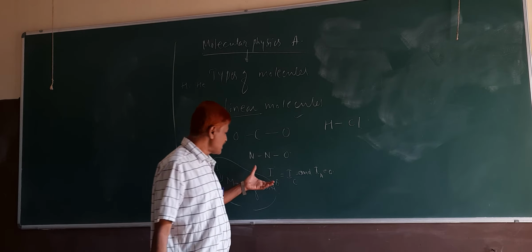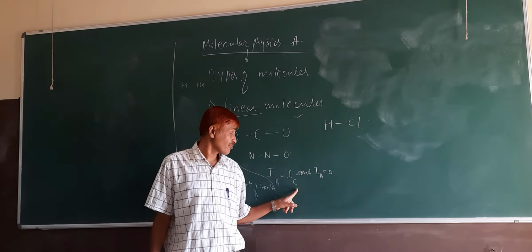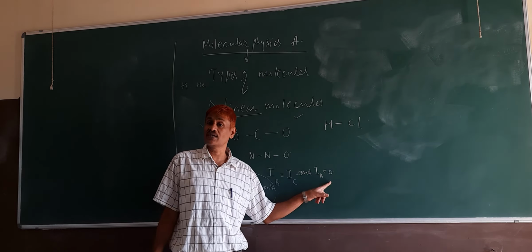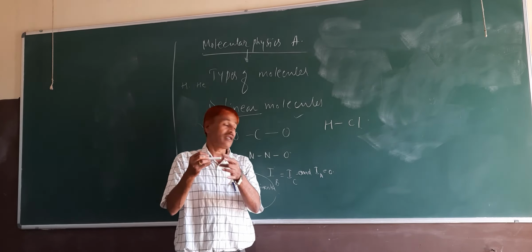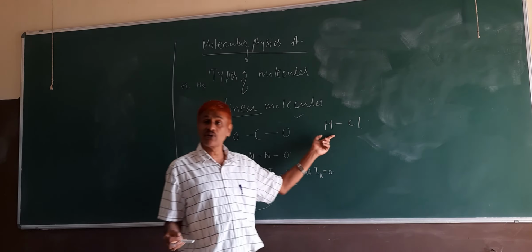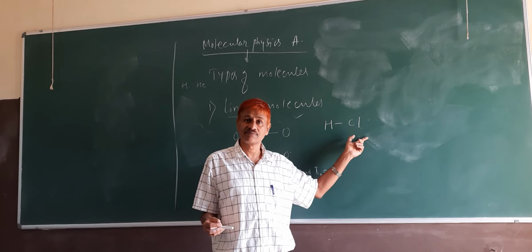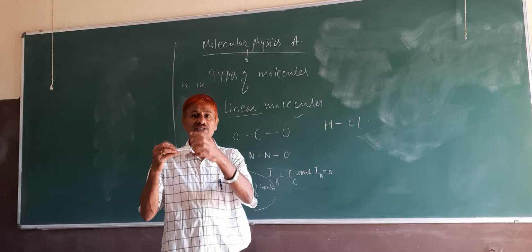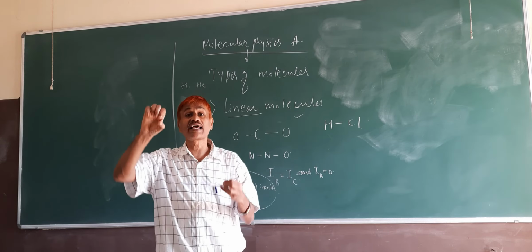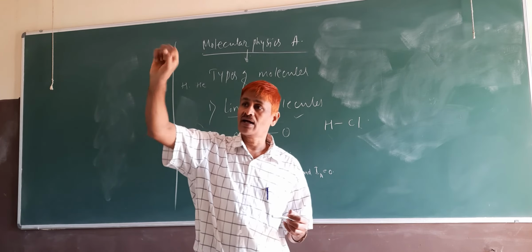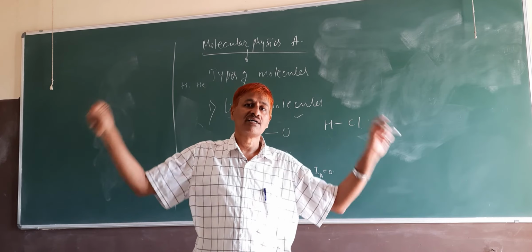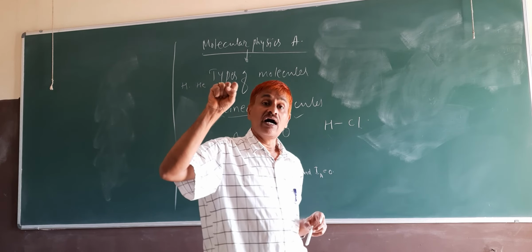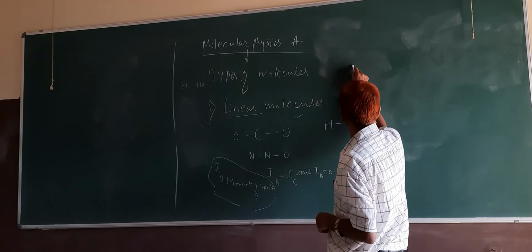Okay. What is this IB equal to IC and IA? See, for example, take the linear molecule HCl. On one end H and on the other end Cl. It is like a dumbbell. Dumbbell, you know. We will do that.